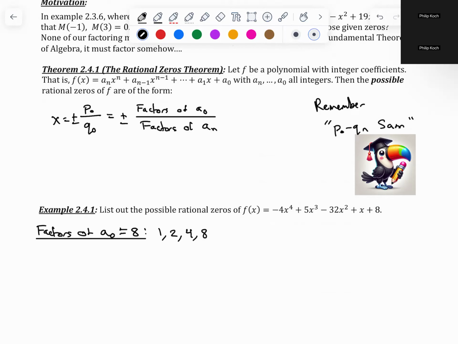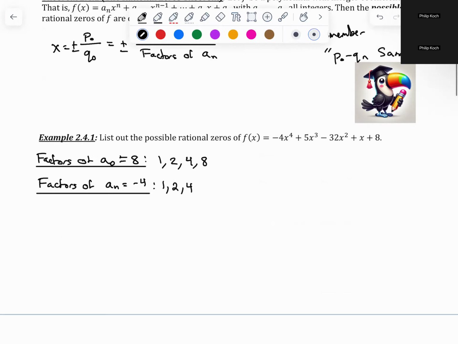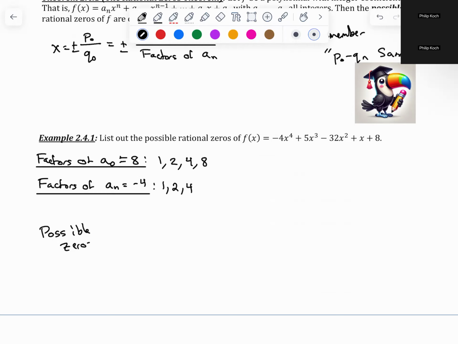And the factors of A sub n, which in this case is -4, ignore the sign for a moment and just look at the 4. That would be 1, 2, and 4. So, by Pooh-Can Sam, the possible zeros are x equals plus or minus.